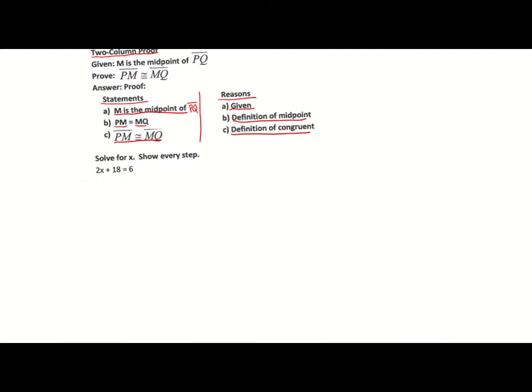it says to solve for x and show every step. If we start with this equation here, this is our given information. Our first step to solve for x is to subtract 18 from both sides. When we do that, we have 2x equals negative 12.